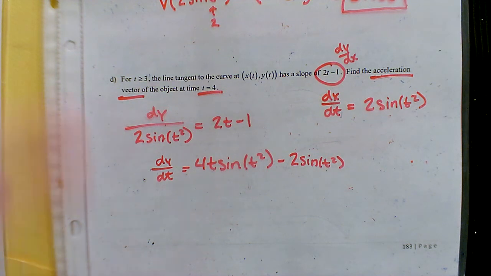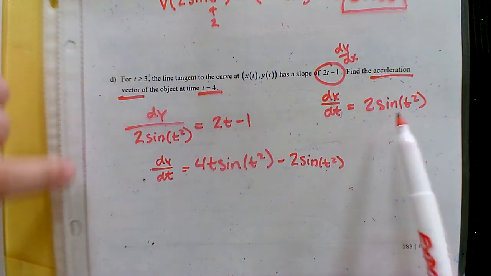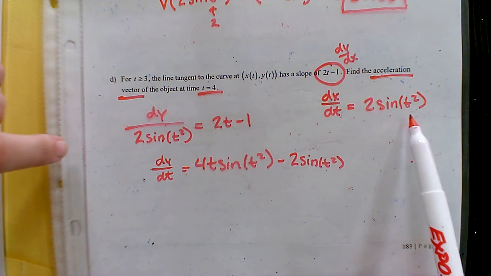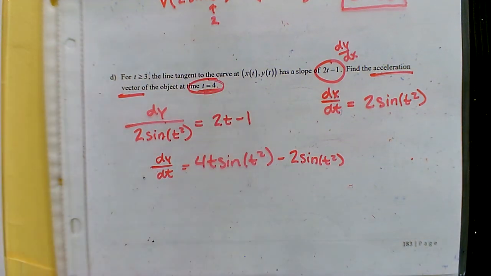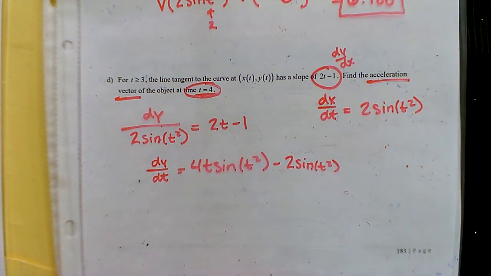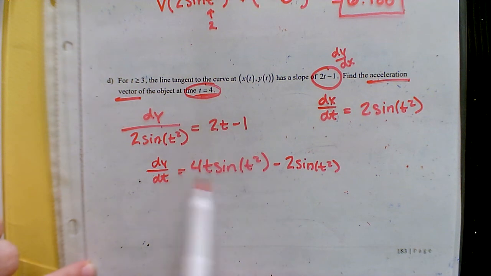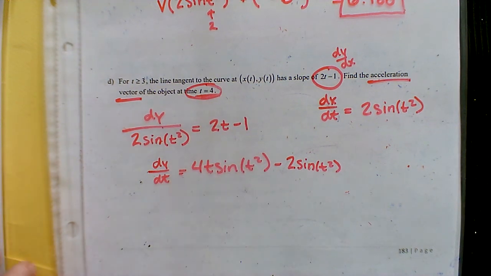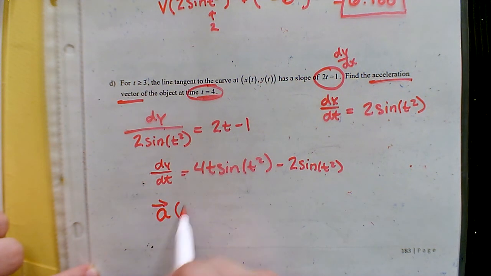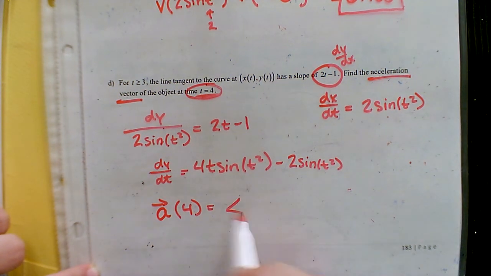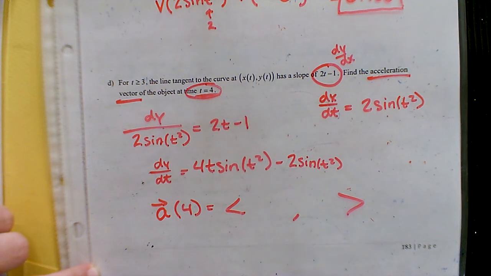You can say it louder. Yeah. Derivative, okay? So we're going to take the derivative of this x velocity, and we're specifically going to plug in 4. So maybe instead of doing it by hand, we can use our calculator. Same thing for dy. This is the velocity of the y coordinate. We want to take its derivative, and we're going to plug in 4. So we'll get our overall acceleration vector at time 4.